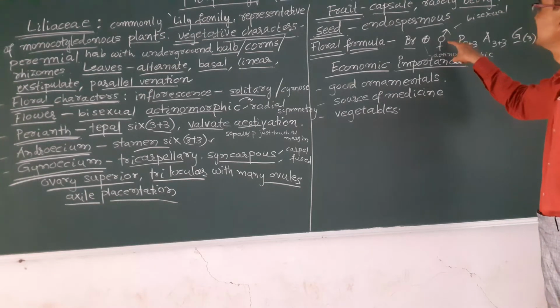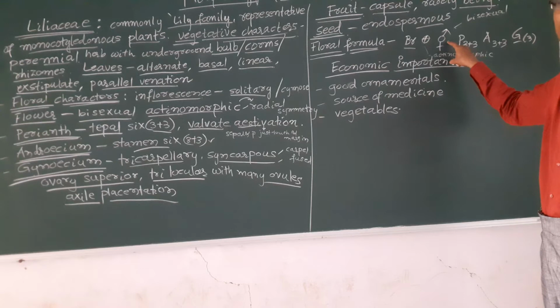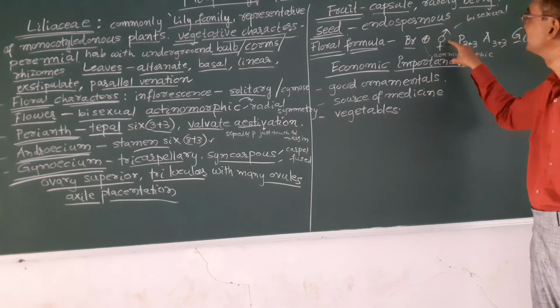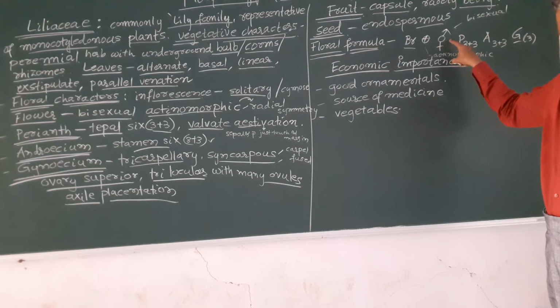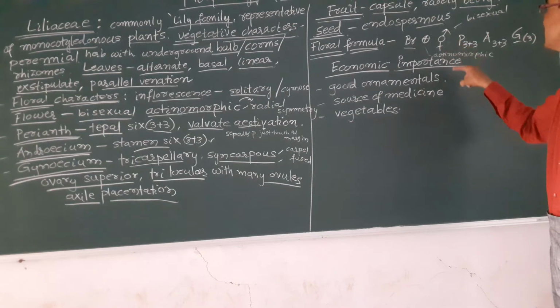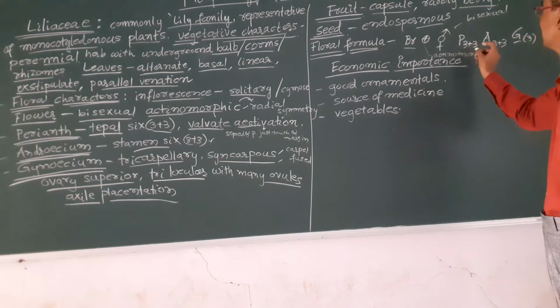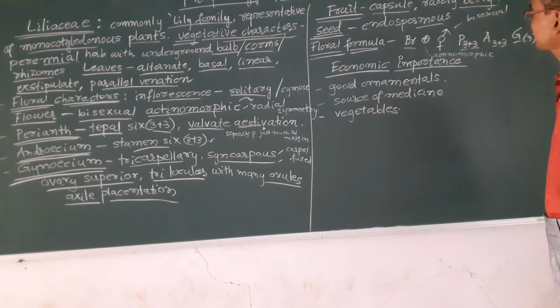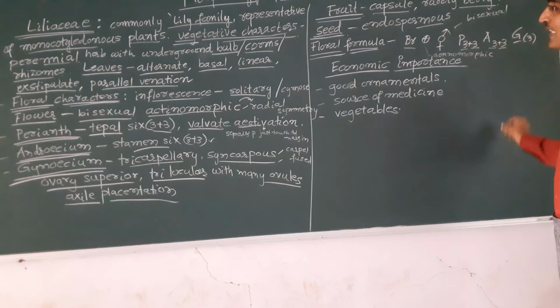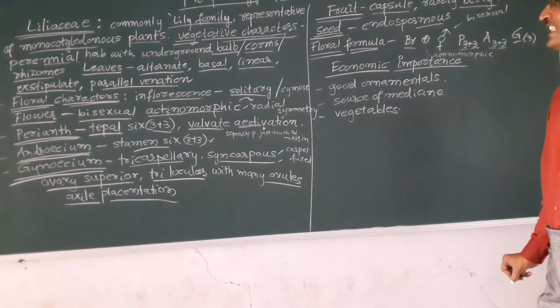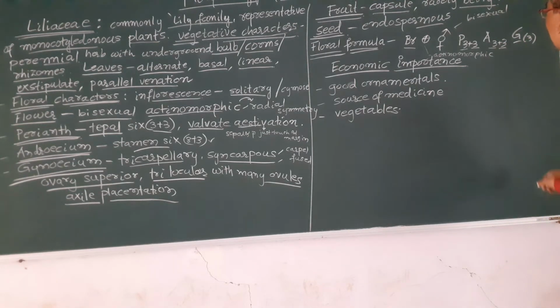This symbol denotes bisexual, that means both androecium and gynoecium, male and female reproductive structures, are present in the same flower. Perianth is 3+3, androecium is 3+3, that is 6 stamens, and this is the superior ovary, G.